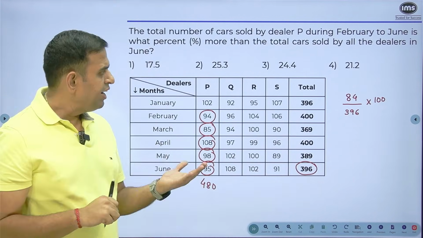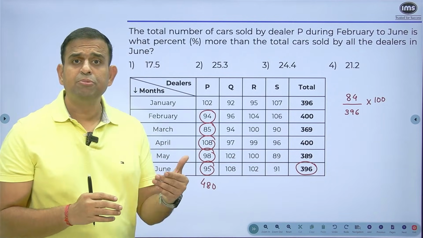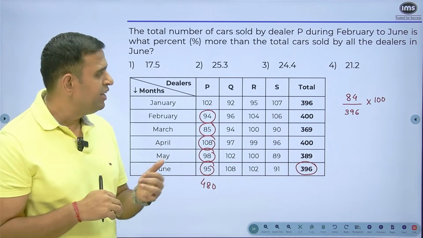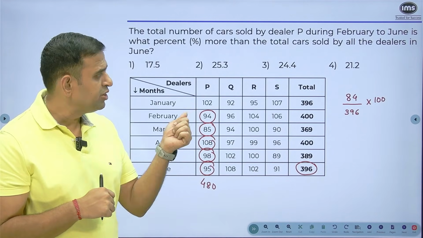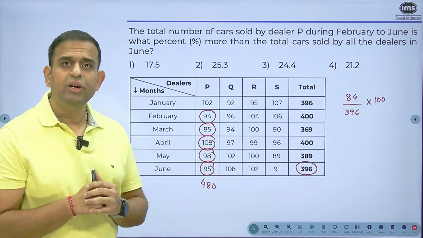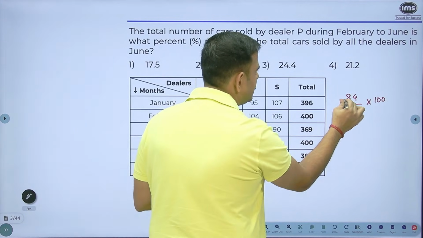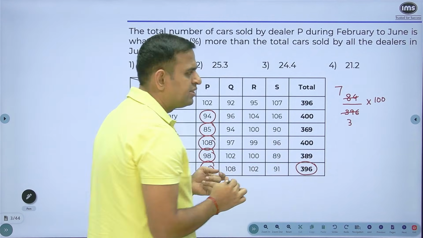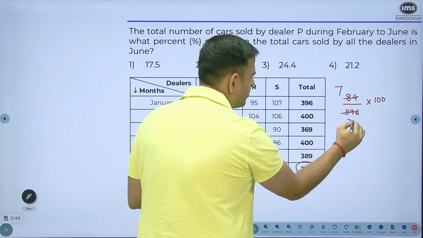If I look at the numbers 84 and 396, clearly both are multiples of 4. At the same time, 84 is a multiple of 3, and 396 also happens to be a multiple of 3 because the sum of the digits is a multiple of 3. Let's cancel by 12. 12 sevens are 84, and 12 threes are 36, so we are left with 36, which is 3 more times.